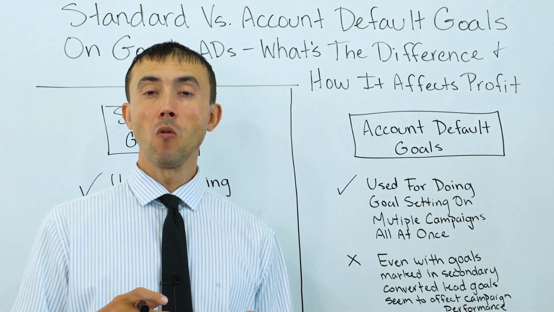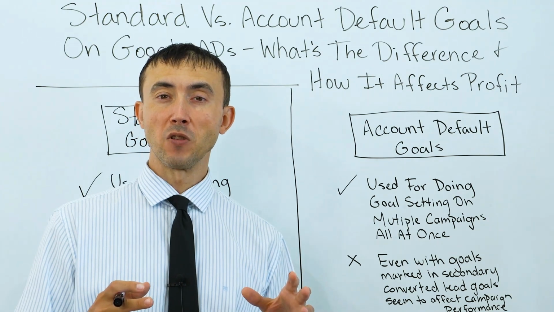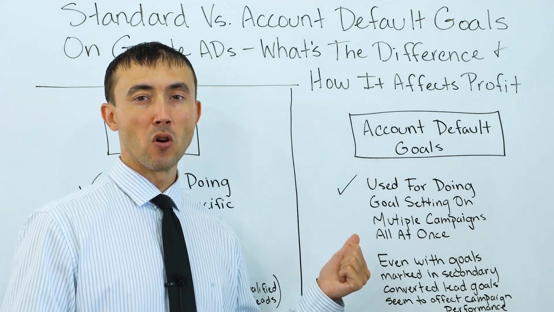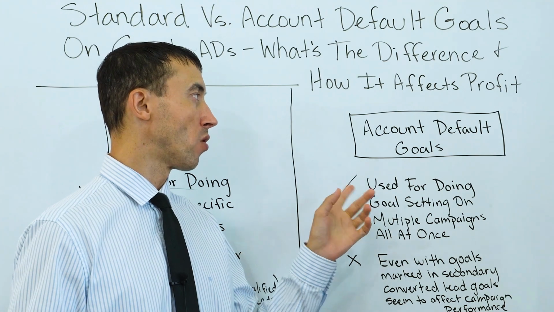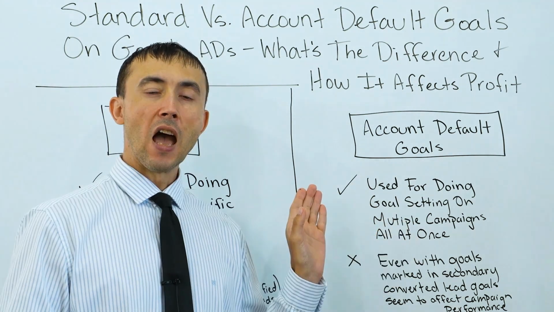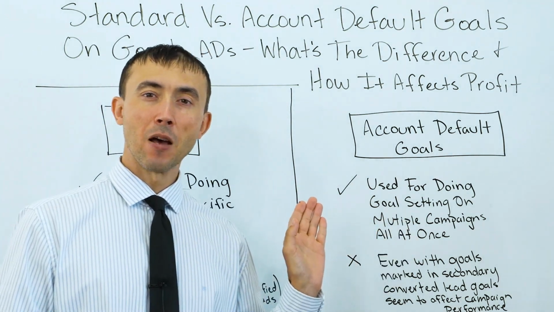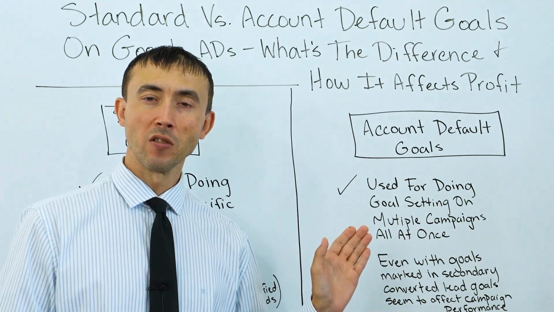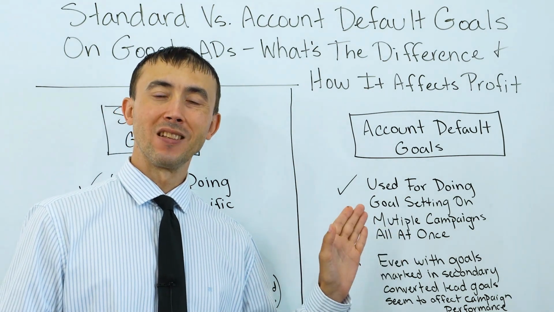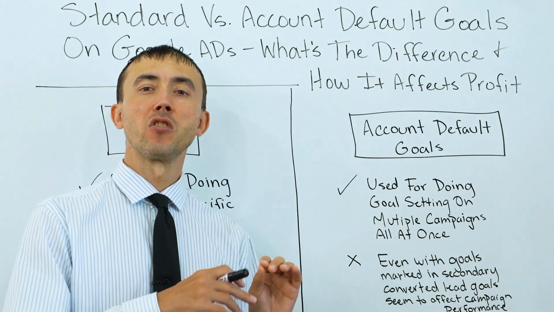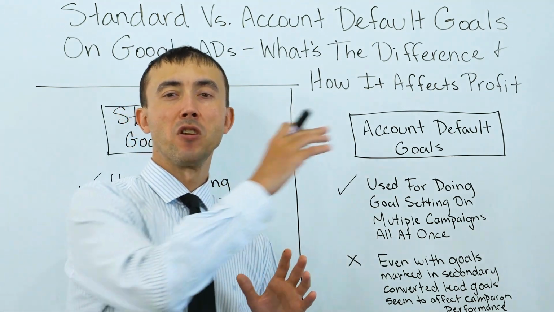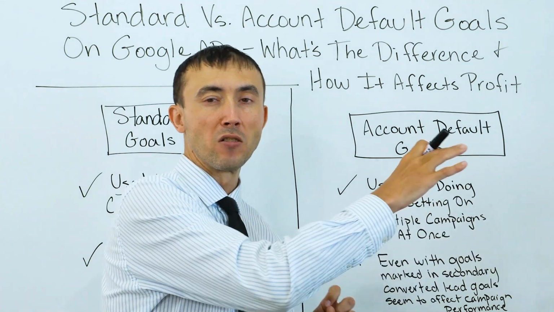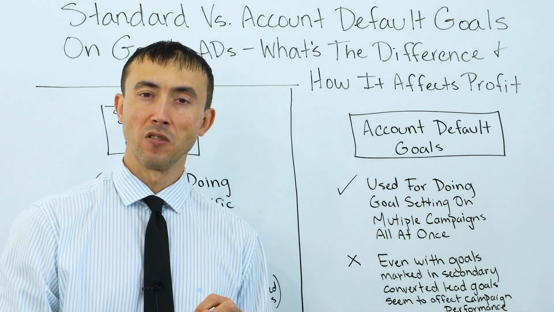If you don't want to optimize for different goals on different campaigns, then you set up a conversion goal in your account as an account default goal, and with each campaign, when you go to settings and then the goal settings, where it's set to account default goal, all the campaigns by default will optimize for all the goals in your conversion menu that are set up as account default goals, if that makes sense.